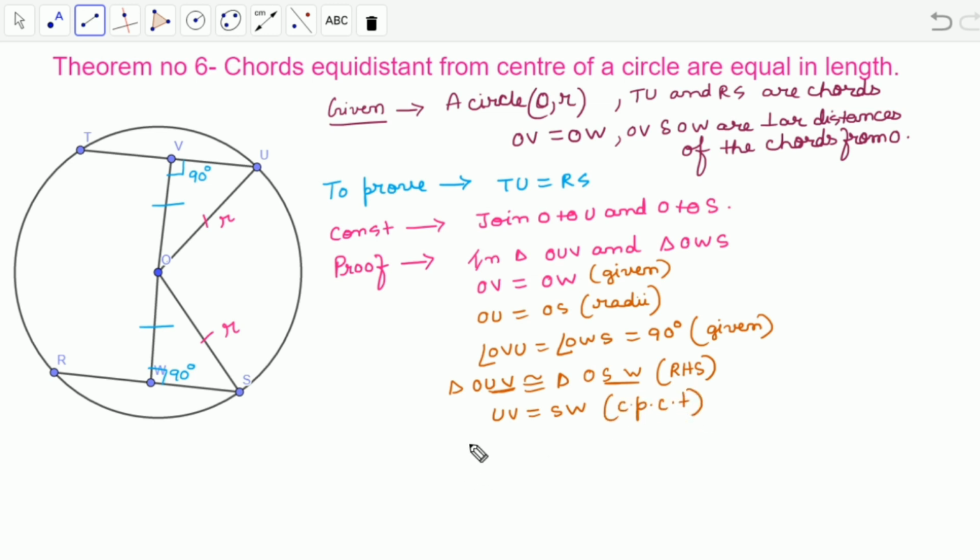Now if UV equals SW, then 2 times UV will also be equal to 2 times SW, multiplying both sides. We know that a perpendicular drawn from the center to the chord bisects the chord. So 2 times UV will be equal to TU, and 2 times SW will be equal to RS. Why? Because the perpendicular from the center to the chord bisects the chord.